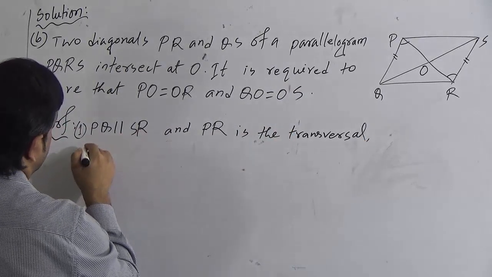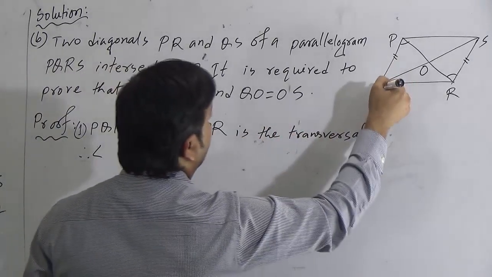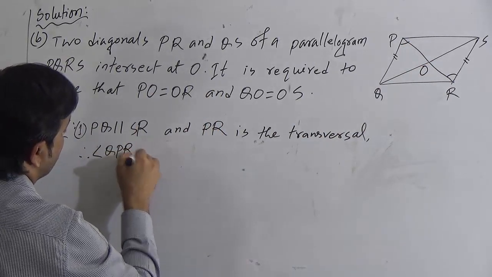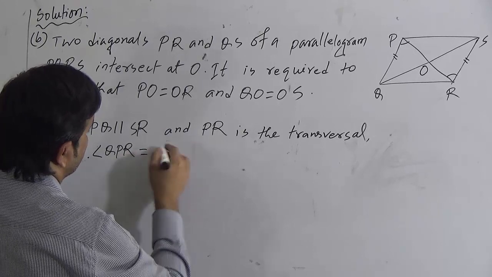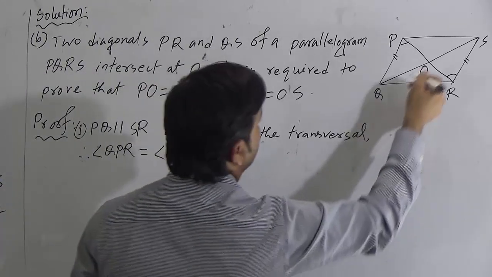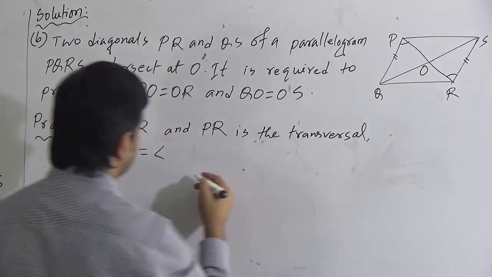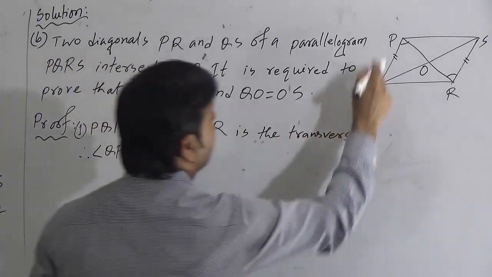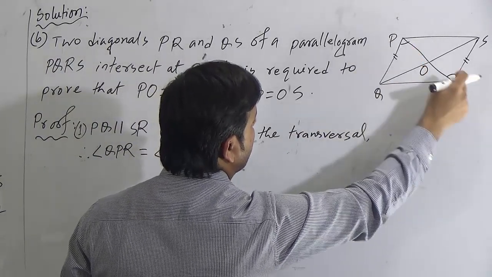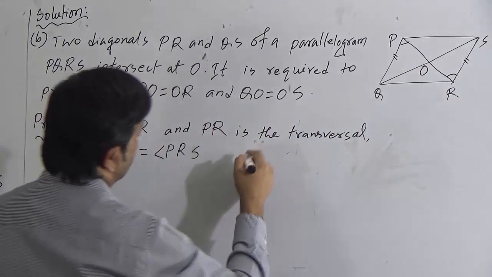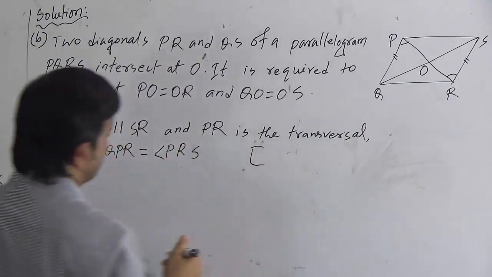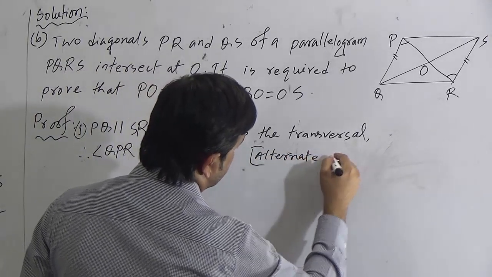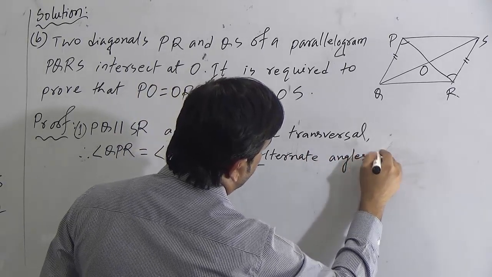So we can write therefore angle QPR is equal to angle PRS. What is the reason? The reason is alternate angles are equal.